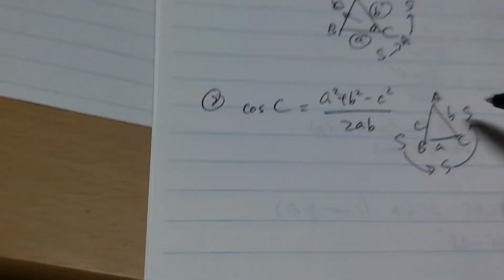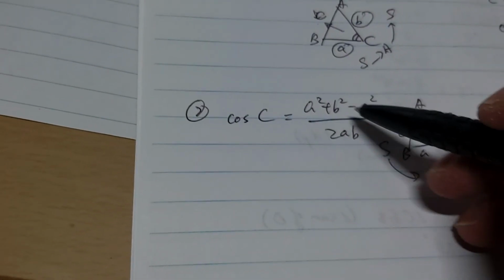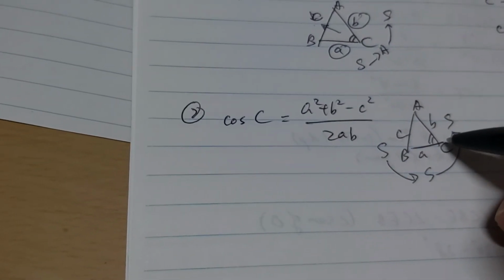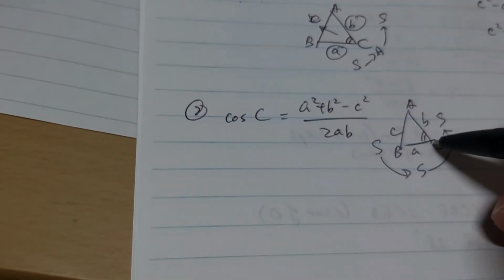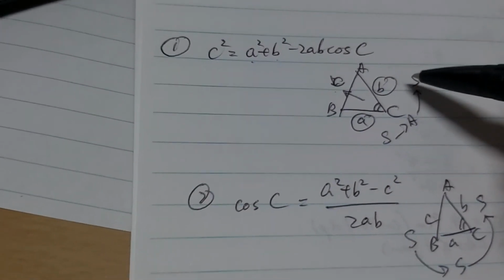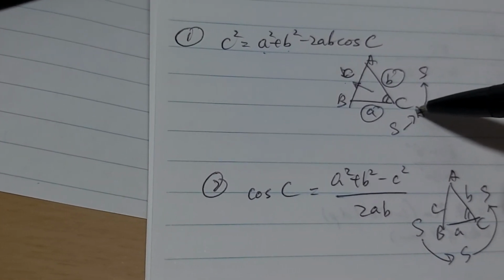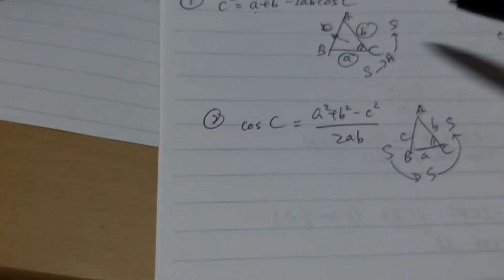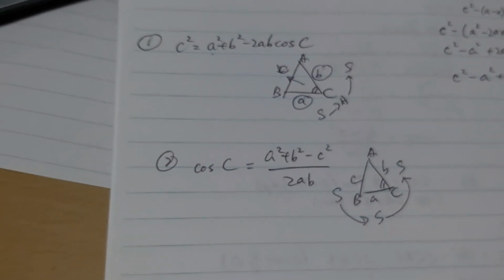This is angle C, but actually any angle, since we can exchange the sides. Okay, so if we have all the sides, we can get any angle. If we have two sides and the included angle, we can find the opposite side of the included angle. Okay, so in the next section we will discuss how to use these two formulae to solve triangles.